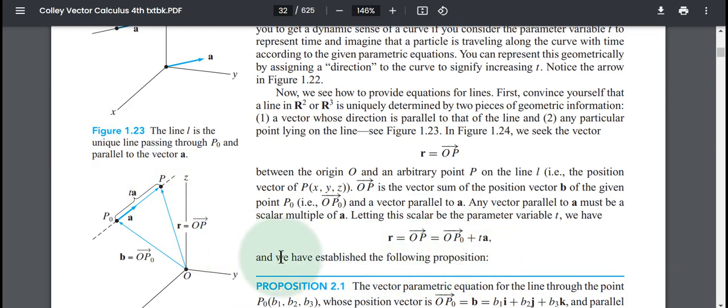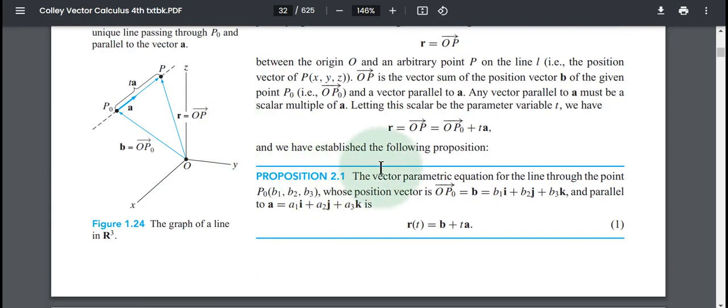And then they say we have established the following proposition. The vector parametric equation, remember we're going to get an equation for every vector here, or we could say every point on the line, which we could also associate with this vector.